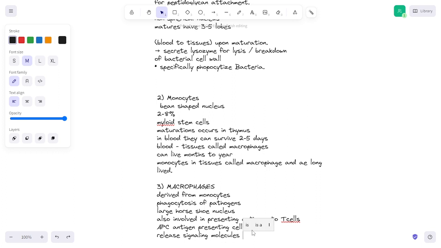They also release signaling molecules called cytokines.